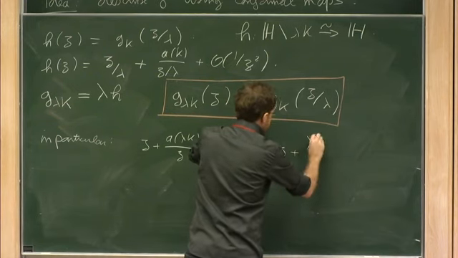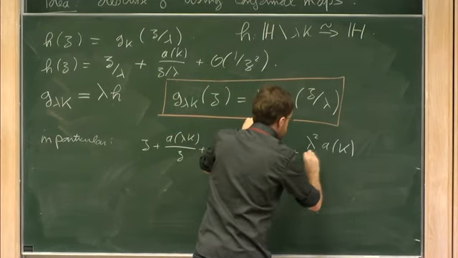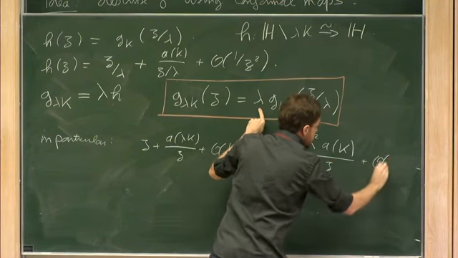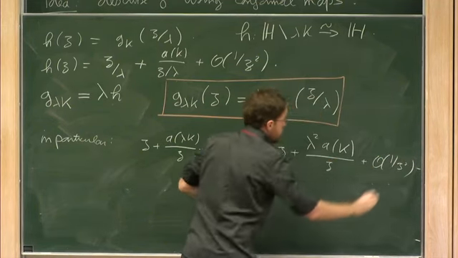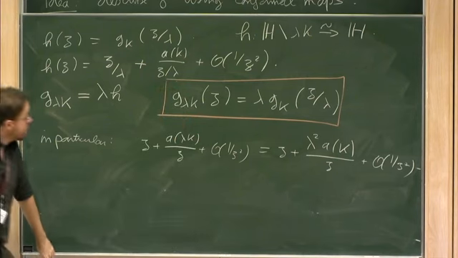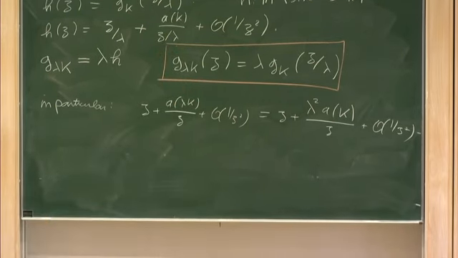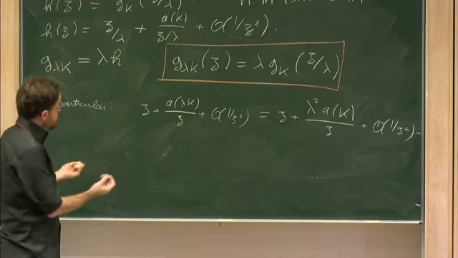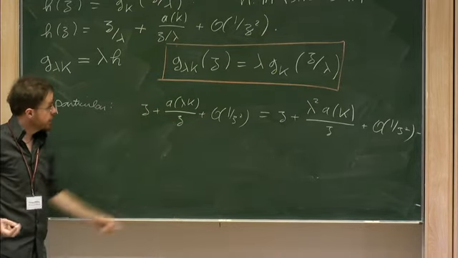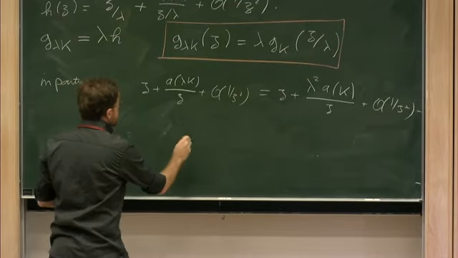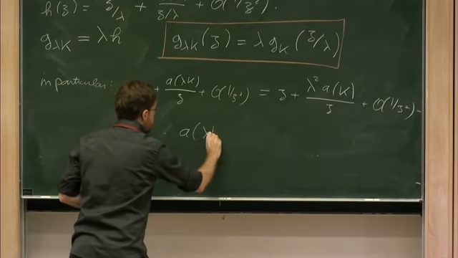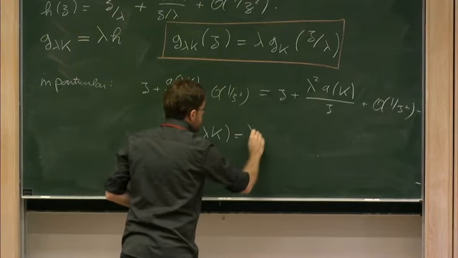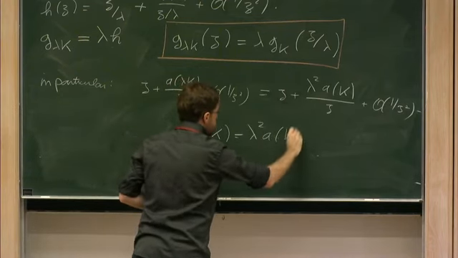So there will be a lambda squared a(K) divided by z plus big O of 1 over z squared. And so in particular, what we get is a scaling relation for the capacity, which will tell us that the capacity of lambda K is just lambda squared times the capacity of K.